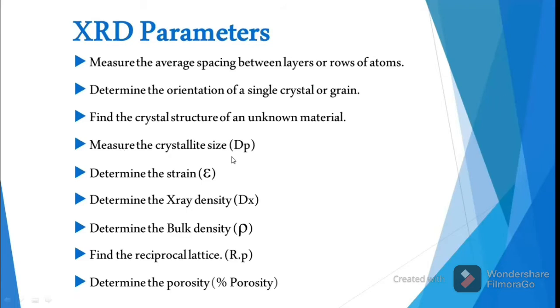With the help of the Debye-Scherrer formula, we can calculate dB, that is the crystallite size. We can determine the strain, the X-ray density, dx, and the bulk density, rho. We can also find the reciprocal lattice, Rp, and the percentage porosity. All these parameters may be calculated by using the X-ray diffraction micrograph.